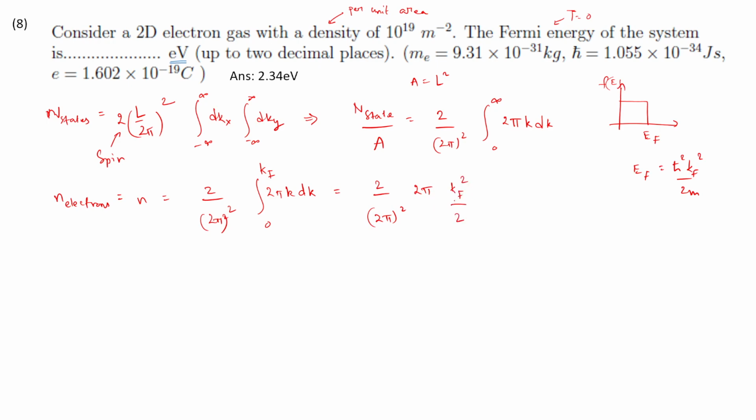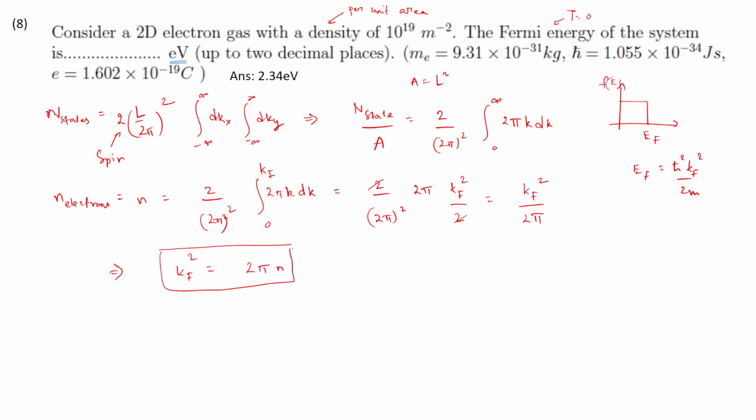So this 2 will cancel this 2, and kf square will be 2 pi n.